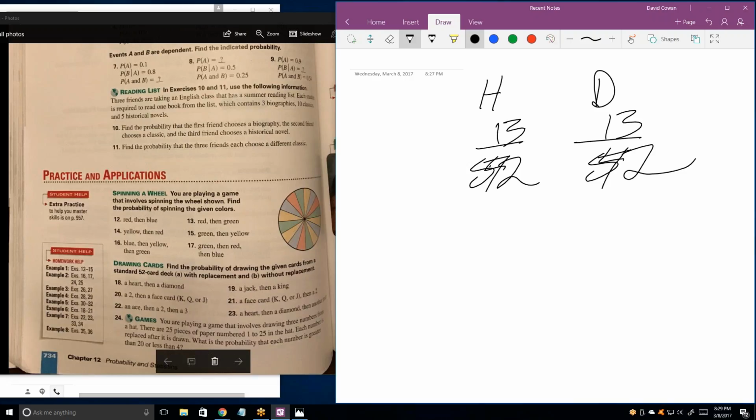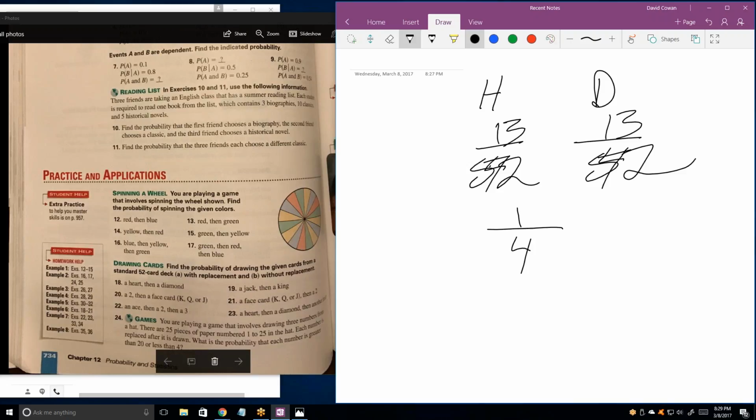Without replacement, the odds of getting a heart with the first pick is still the same, right? But now, what's the odds of getting a diamond?